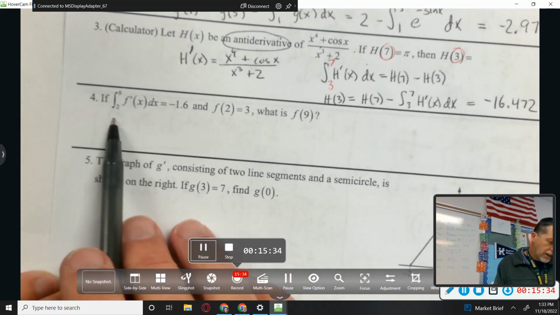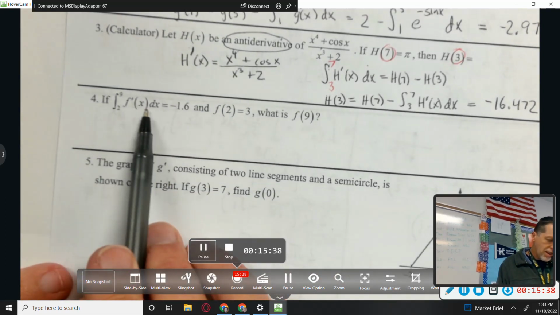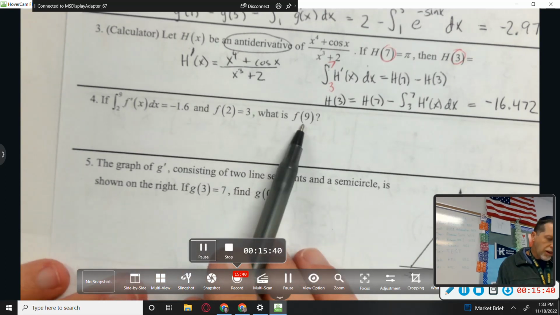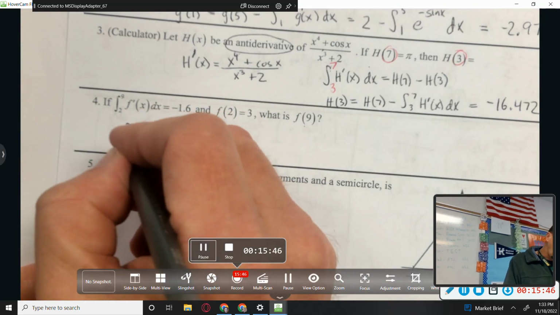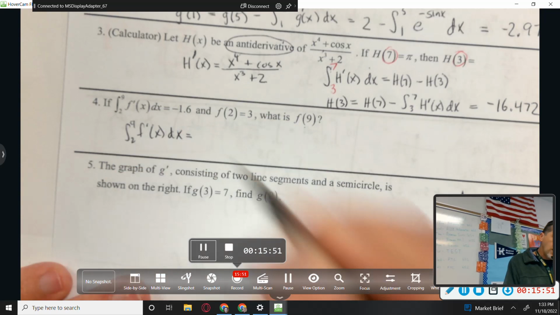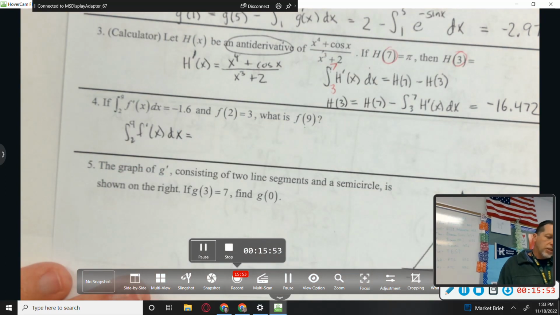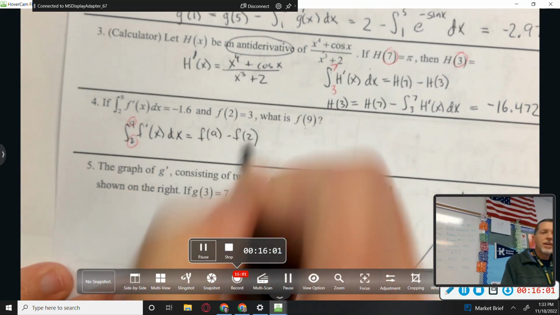Number 4. If the integral from 2 to 9 of f prime, find something about f. Okay, well, if I integrate f prime, I get back to f. This one's worded a little bit differently as well, but that equals negative 1.6, but it also equals f of 9 minus f of 2. So this is a weird one.